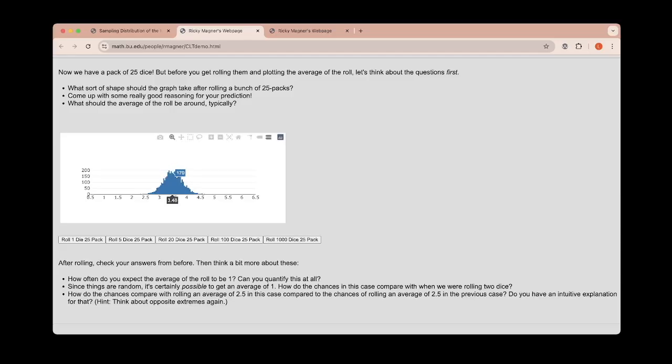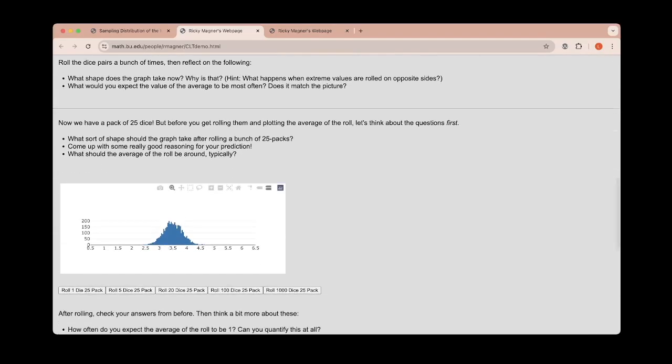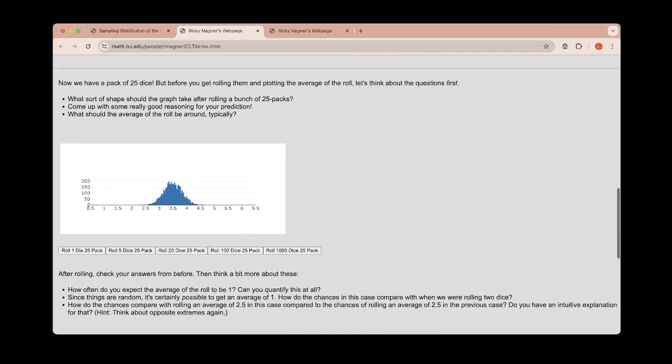And if you look here, it looks like we have something around 3.5 in the middle, but this distribution is less spread out than our last one was. Our last one looked like it overall went from 1 to 6.5. This looks like most things are closer around 3.5.